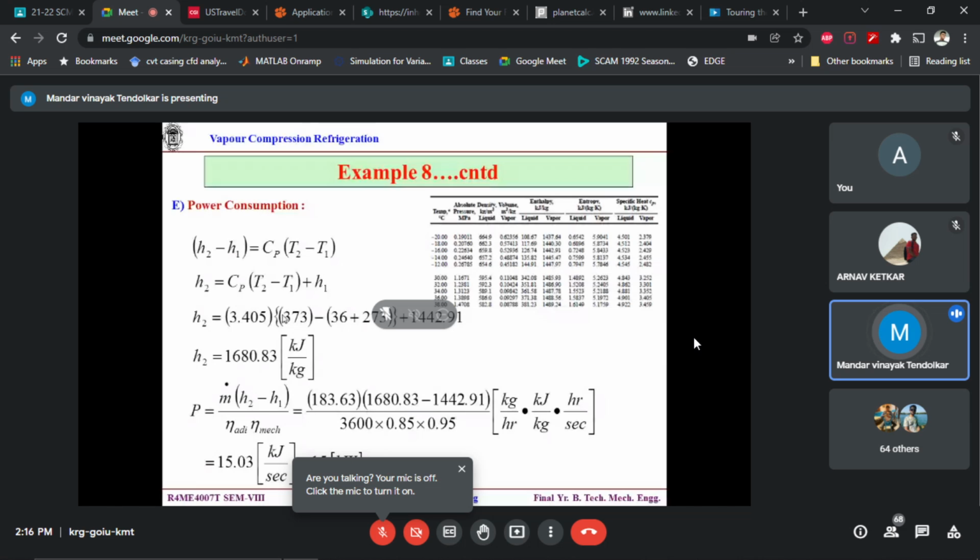Are the calculations correct? Please cross check. Yes, sir. Right, so H2, if correct, then naturally P also would be correct. So around 15 kilowatt compressor power.